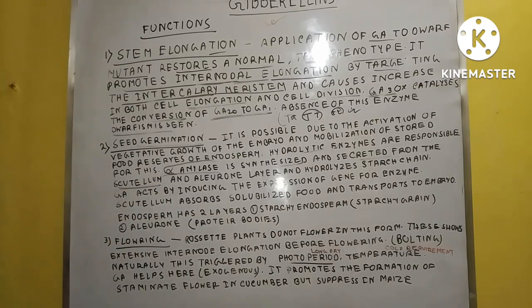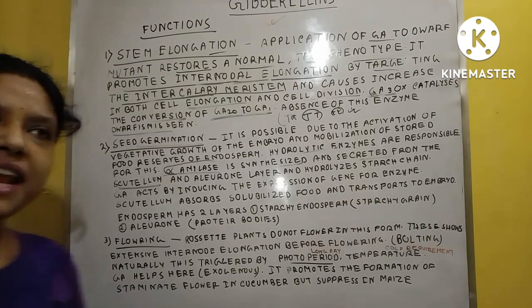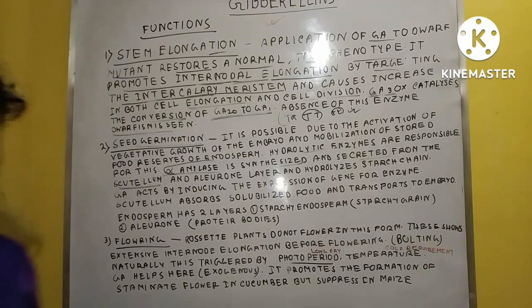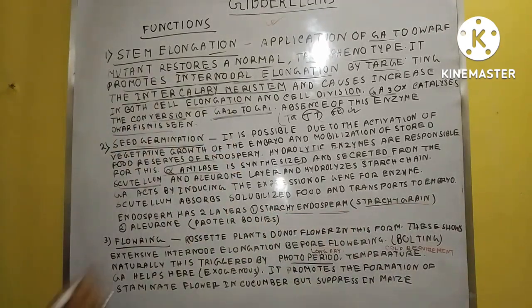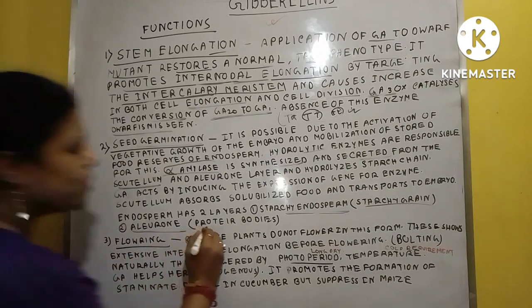You obviously know that one part in the seed is the scutellum, and another part is the endosperm, and the endosperm is the part where the reserve food is present. In the endosperm there are two layers. One is the starchy endosperm that contains the starch grains, and another is the aleurone layer that contains the protein bodies.